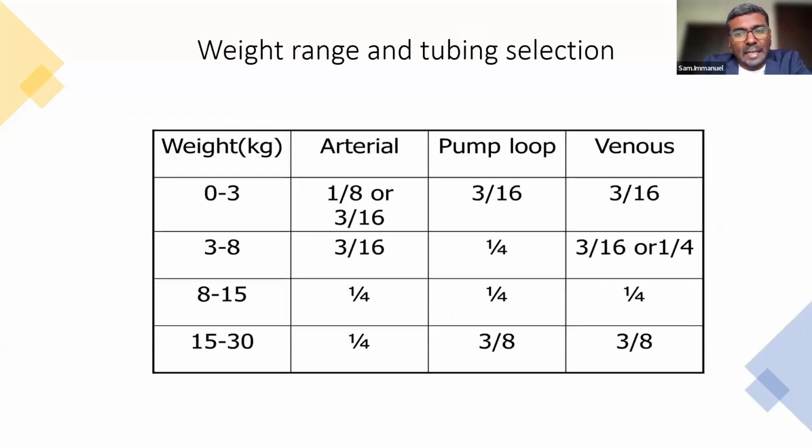And these will be a rough tubing selection for the weight range of 0 to 3 kgs, which is newborn, and for 3 to 8 and as such, which you can have an insight on it.